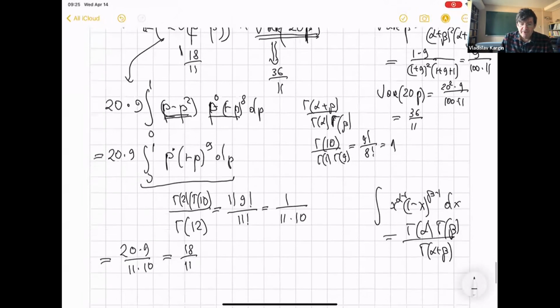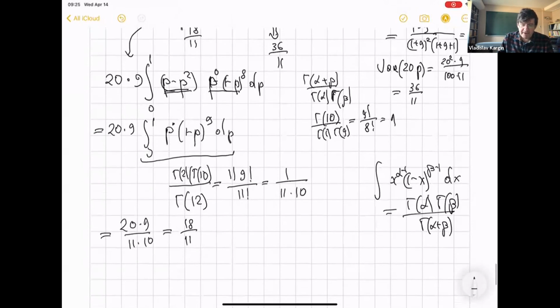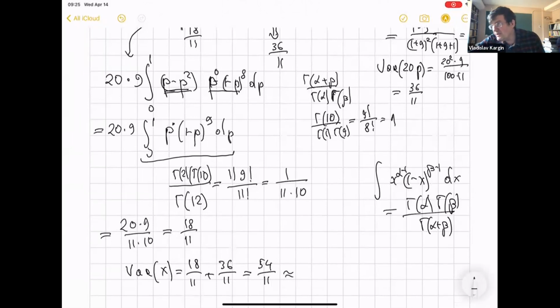So this calculation gives us that the variance of X is equal to 18 divided by 11 plus 36 divided by 11. So summing up, we get 54 divided by 11, which is around 4.909. And so the punchline here is that this is 4.9, around 5.